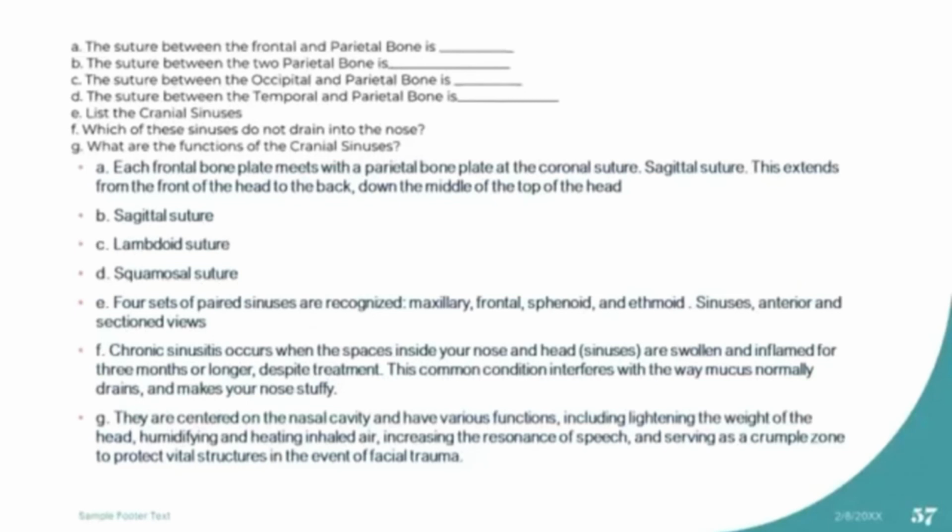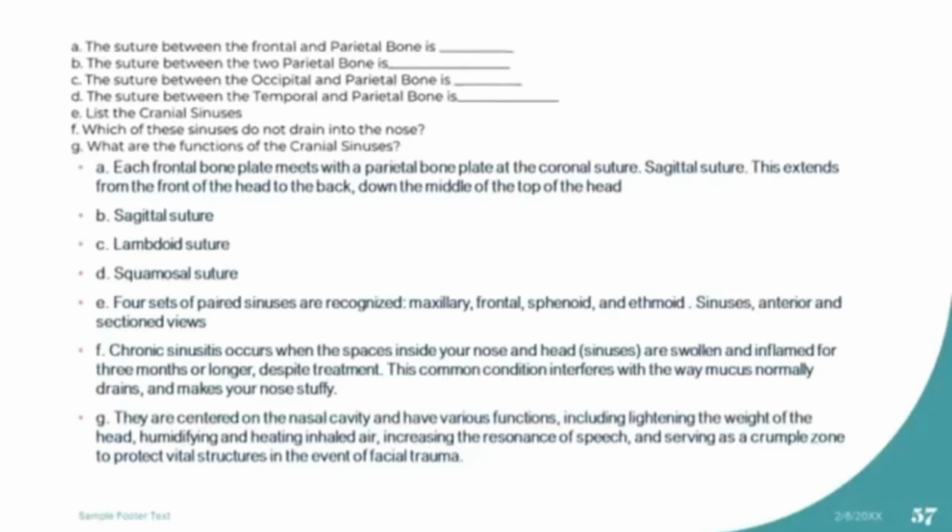The answer is chronic sinusitis occurs when the spaces inside your nose and head are swollen and inflamed for 3 months or longer despite treatment. This common condition interferes with the way mucus normally drains and makes your nose stuffy.